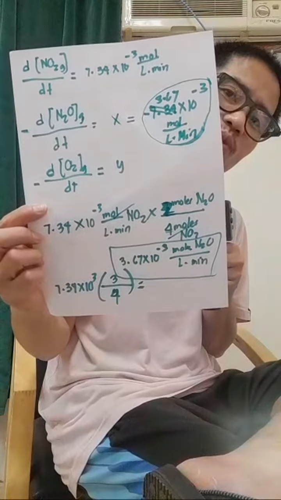So 3 divided by 4 times 0.00734 is equal to 5.505 times 10 to the negative 3, or it is equal to 0.005505, with a negative sign, because the oxygen gas initial concentration will be reduced to help produce the 4 moles of NO2 together with the N2O in your chemical reaction.